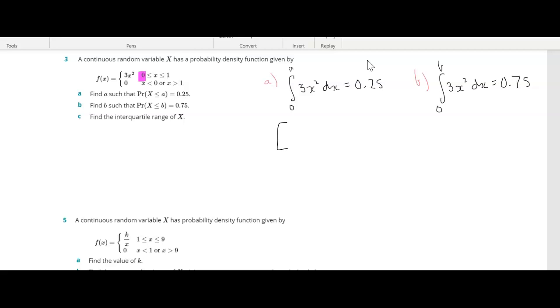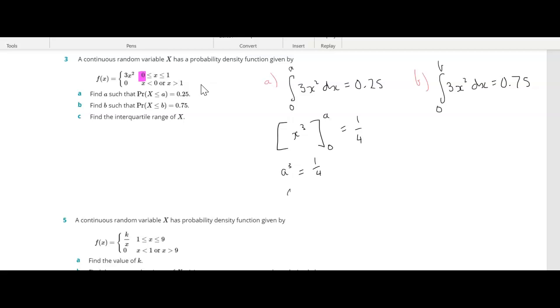So we're going to find the antiderivative of 3x squared. So it's going to be x cubed, nice easy one. Oops, she says as she makes an error. Okay, 0 to a. Now I prefer fractions, so I'm just going to write a quarter. All right, so we've got a cubed plus 0 cubed is that.